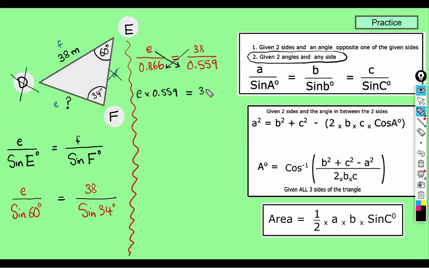I'm getting 32.908. You just need to solve for E. Remember, you want E alone on one side. So this 0.559 is a multiply. Throw it across and get what? A divide.